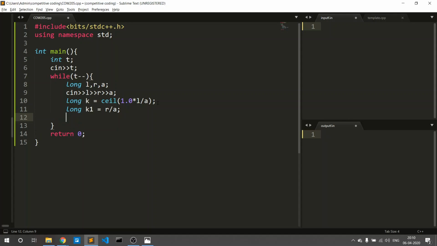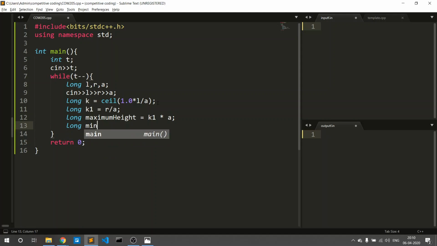Okay, so what will be the maximum height? Maximum height will be K1 into A, and minimum height will be K times A. So in which case the answer will be -1 and -1?